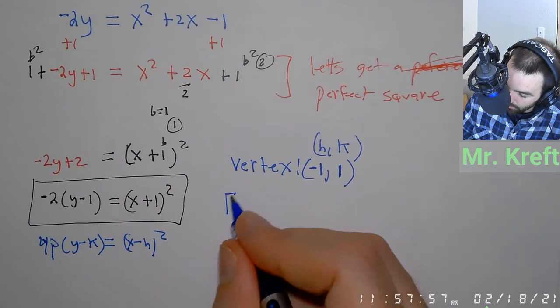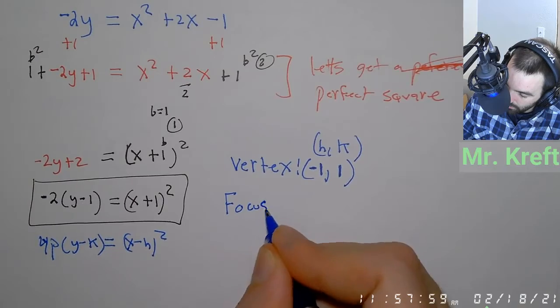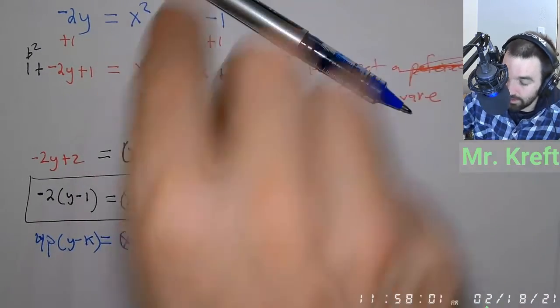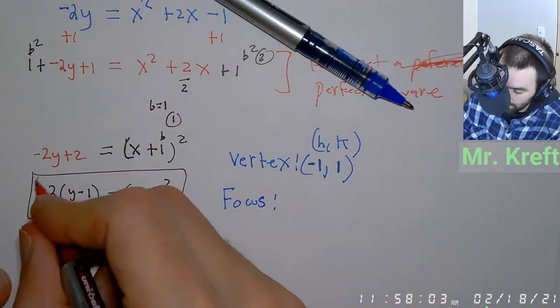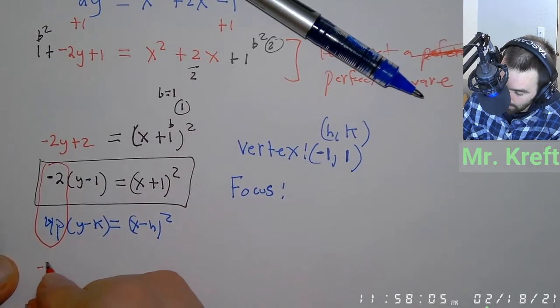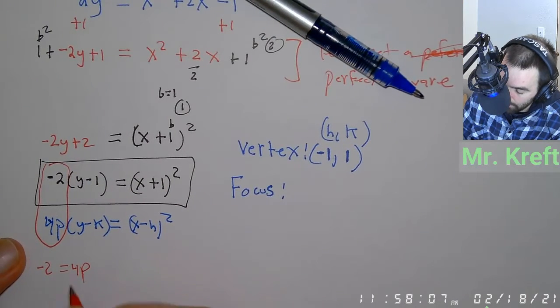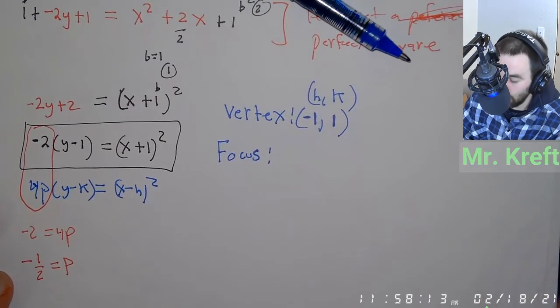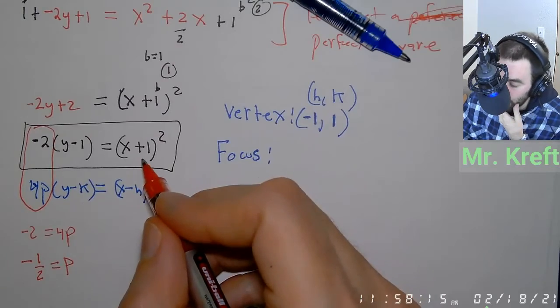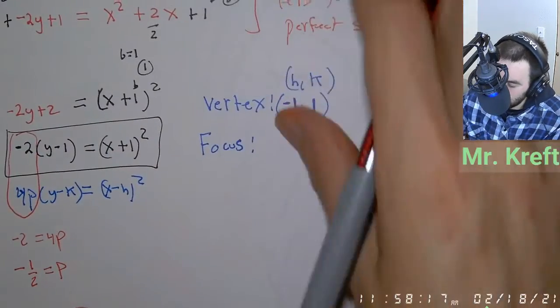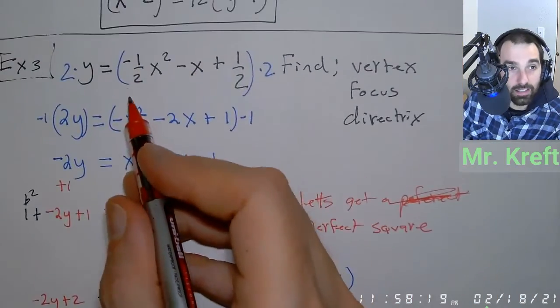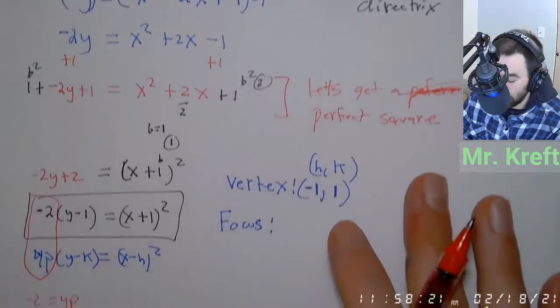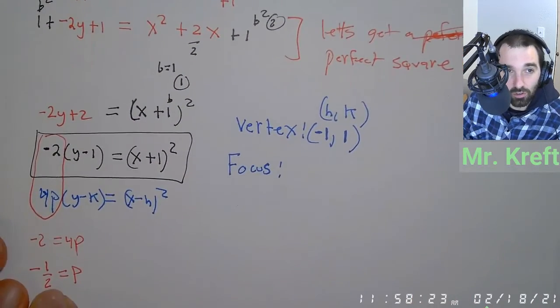And then my focus. So to find my focus, I'm going to have to get p, right? So take a look here. So -2 equals 4p. So that's -1/2 equals p. So I know from looking at it that I'm going to be opening down, and my p is negative, right?